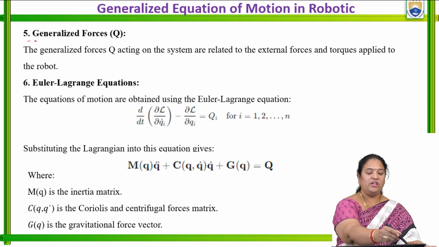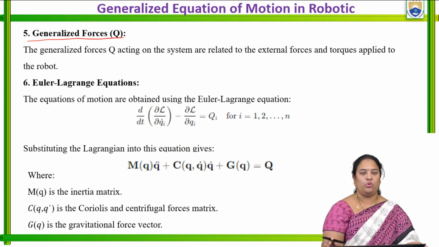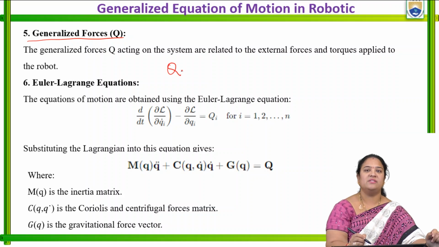Now we need to define the generalized force, which is nothing but Q. This generalized force Q acts on the system and is related to the external force and torque applied to the robot.